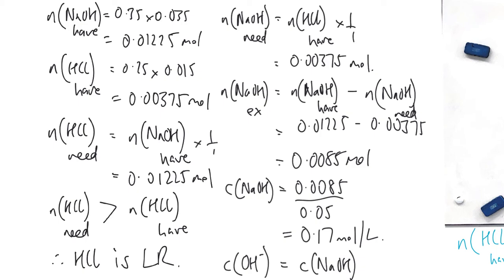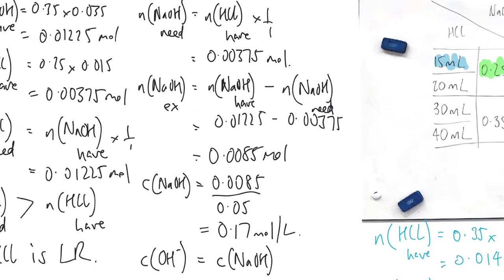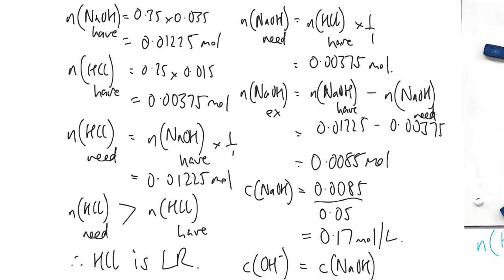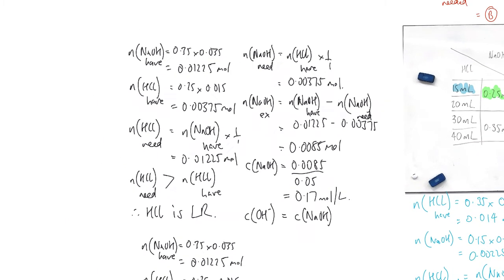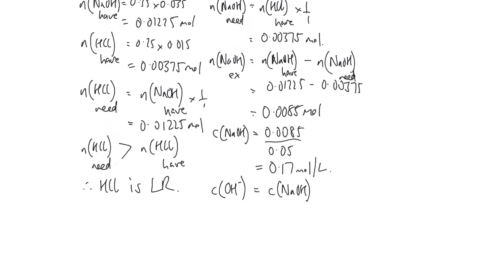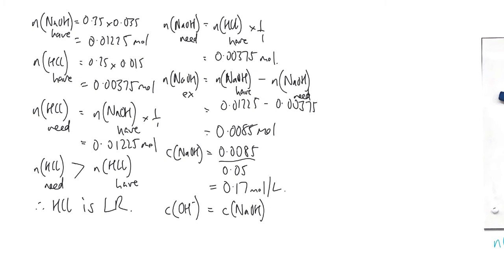And then, because now I've run out of room again, I should just move all of this across. Okay, so now I have to work out the concentration of H plus ions, which will be equal to 1 times 10 to the negative 14 divided by the concentration of OH minus.